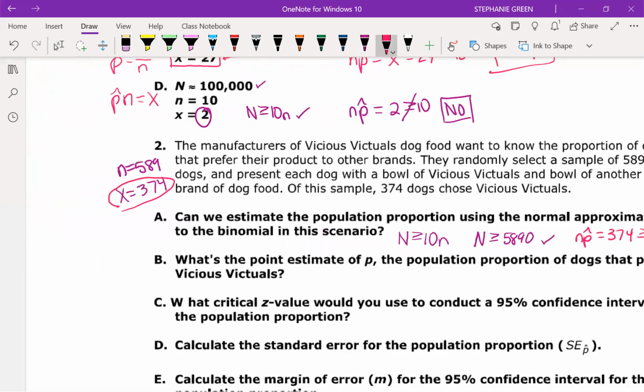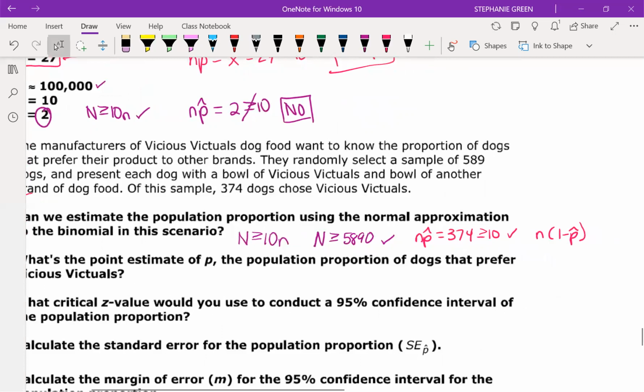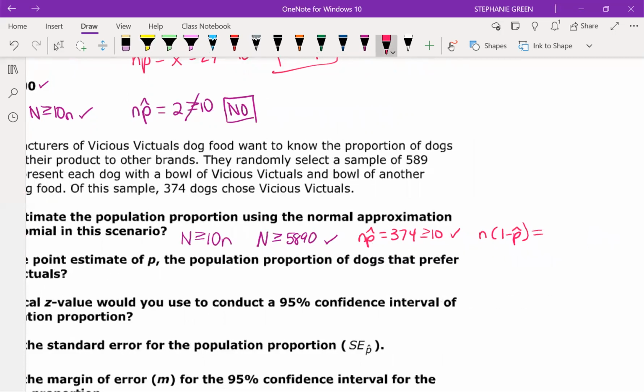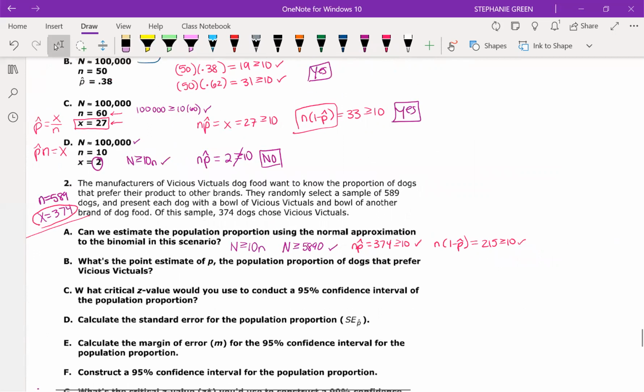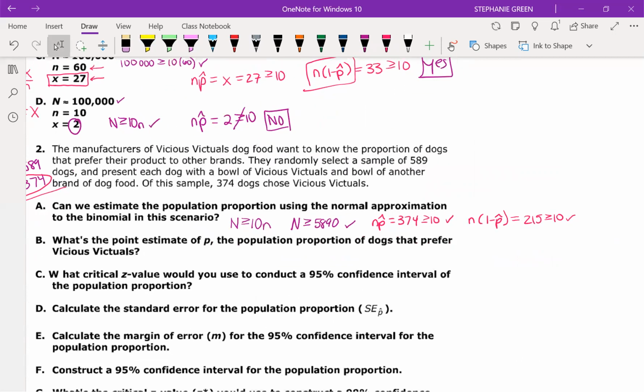I can find that easily by subtracting 374 from the total sample size, which gives me 215, which is again definitely greater than 10. So yes, we can use normal approximation to the binomial in this scenario.